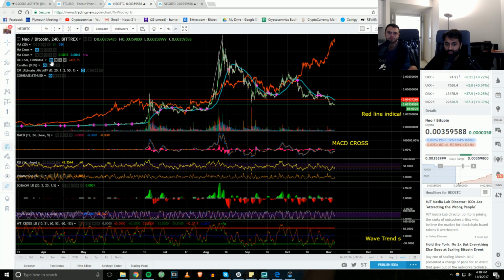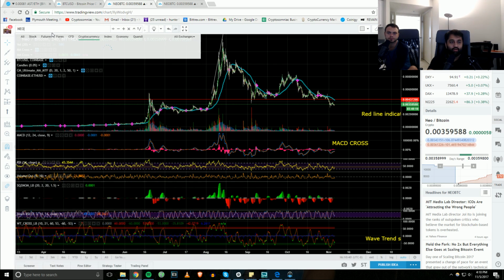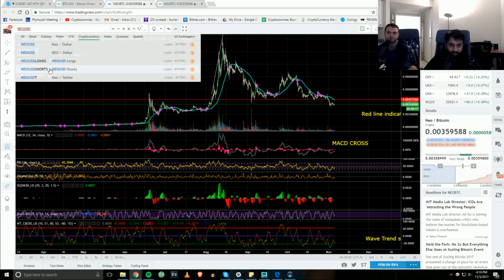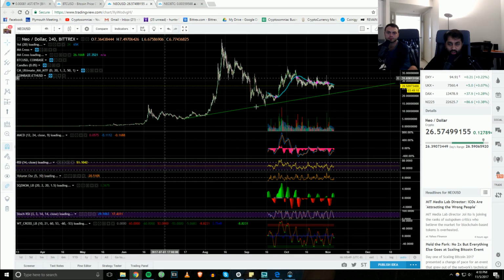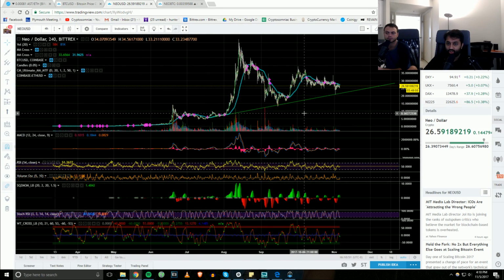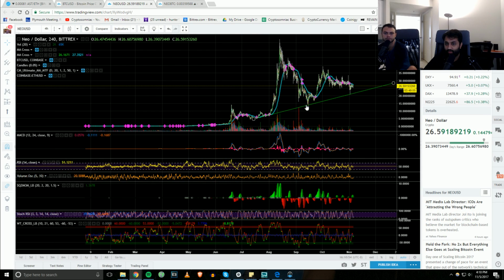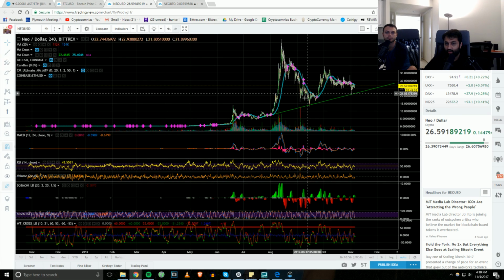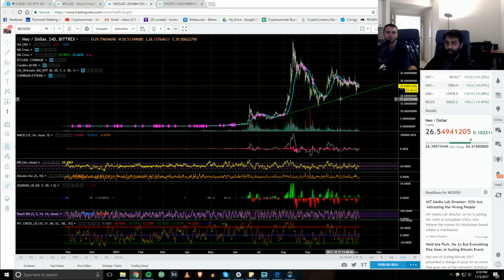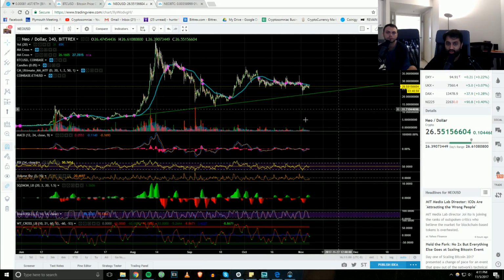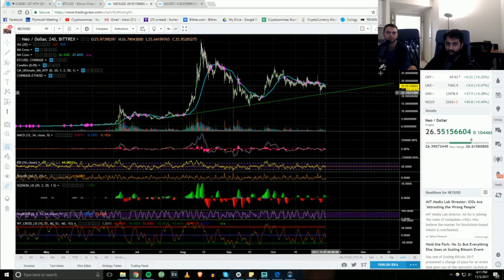The orange line takes account for the Bitcoin price, but then if we go to Neo USD on Bittrex, it'll show you a different story where we're actually in an upward movement. If we're pairing to the dollar, we have this bottom support line, which indicates still bullish movement in the long term, because we are slowly trudging along this line, which has a positive slope.